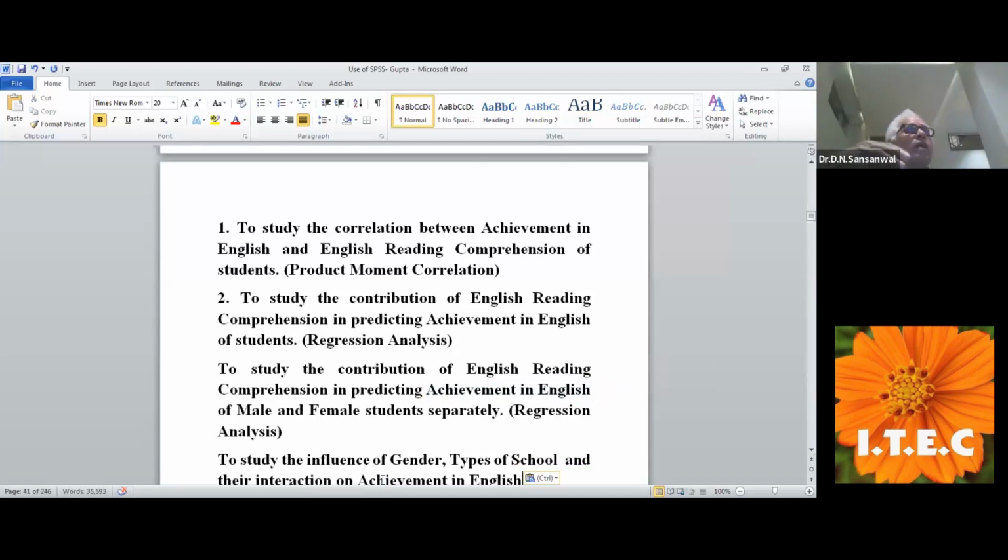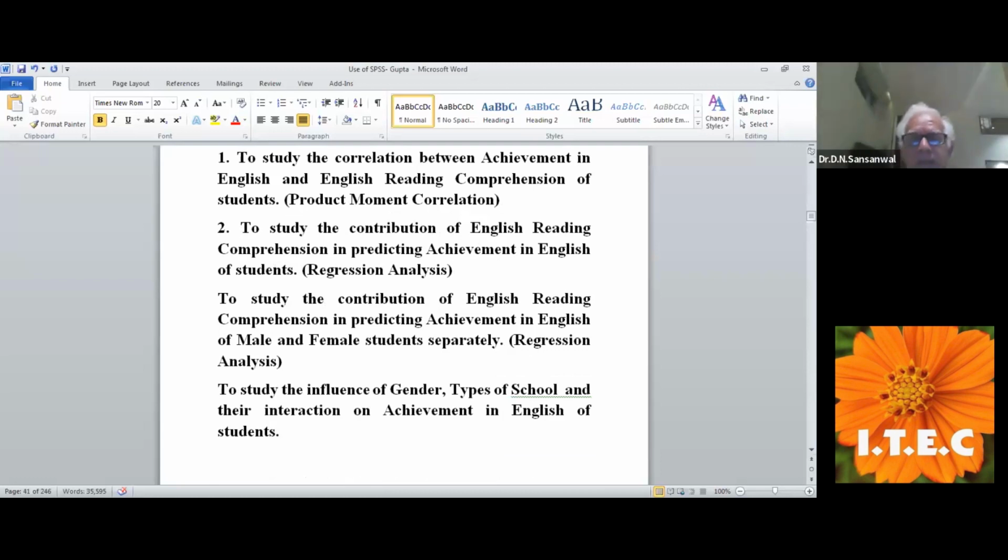So if you have it like this, to study the influence of gender, types of school, and their interaction on achievement in English of students, now, if this is your objective, then what is the meaning?